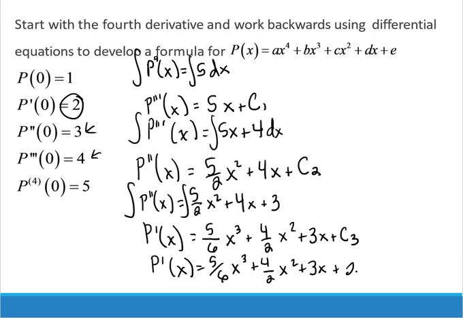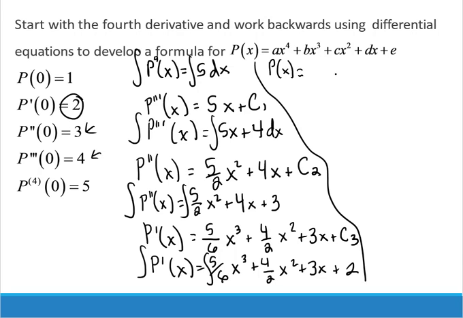I get my p of x function is equal to 5 over 24 x to the 4th plus 4/6 x to the 3rd plus 3/2 x squared plus 2x plus my c sub 4.